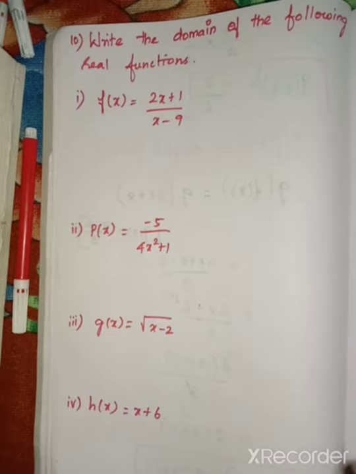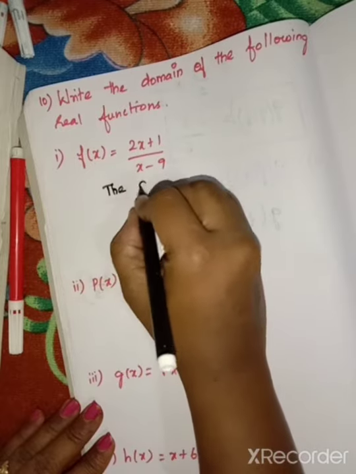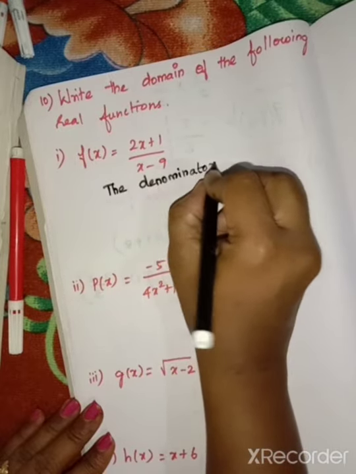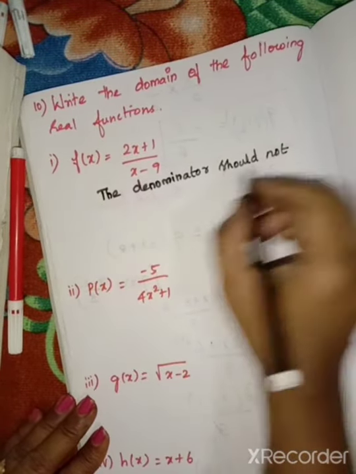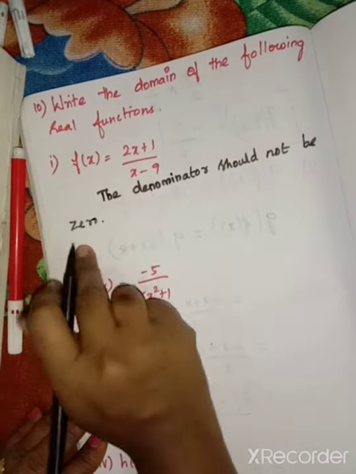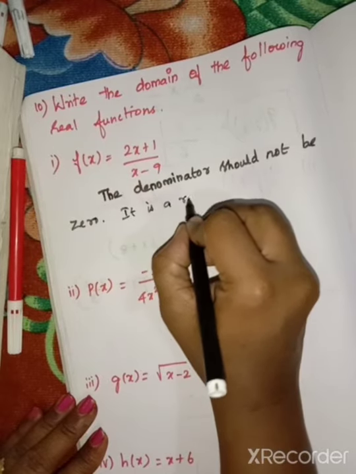So we have to write that the denominator should not be 0. That means if it is not 0, then it is a real function.